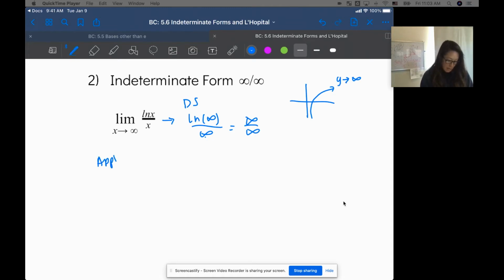So we're going to apply L'Hopital. So the limit as x approaches infinity of, and we're going to take the derivative of ln of x, which is 1 over x, over the derivative of x, which is 1. So now I end up with 1 over infinity, which goes to 0.